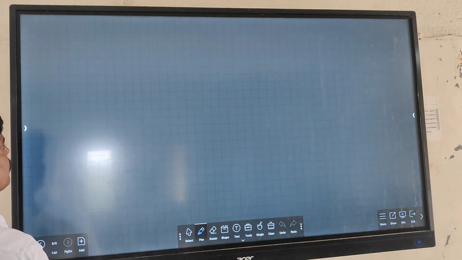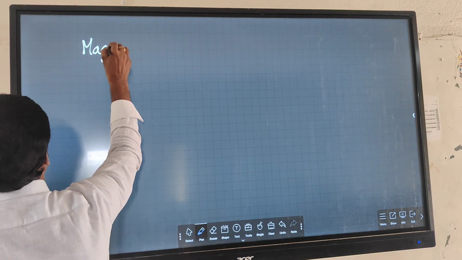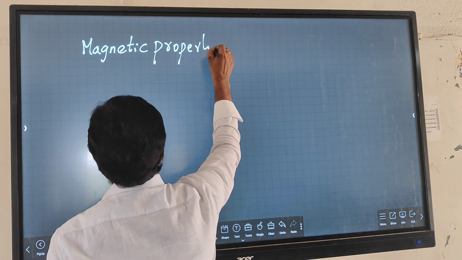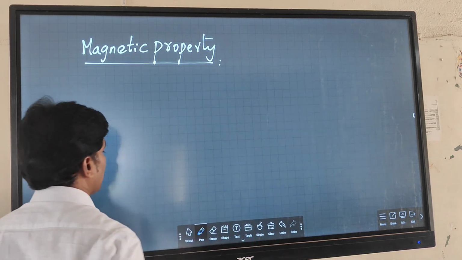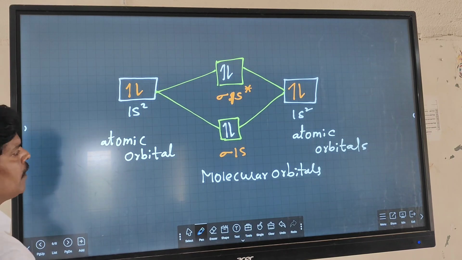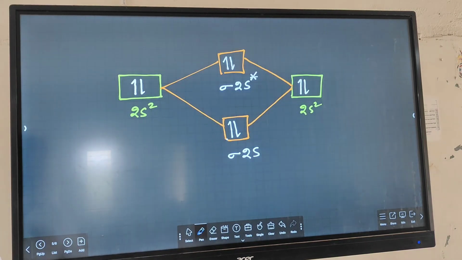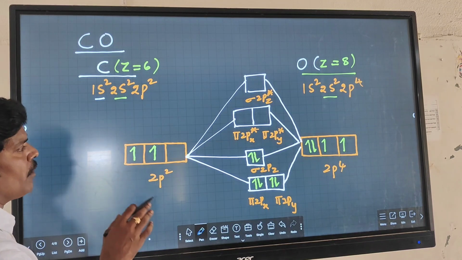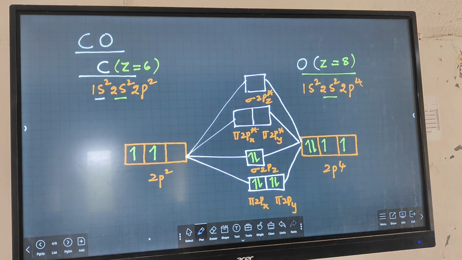Now I want to write the magnetic property. What is the magnetic property of carbon monoxide? If you look at the molecular energy diagram, here two electrons are a pair, and you can observe all electrons in the molecular orbitals are paired, no unpaired electrons. If any molecule doesn't have unpaired electrons, it is diamagnetic in nature.